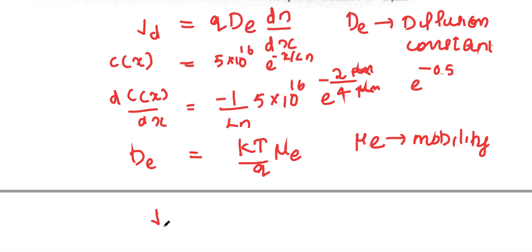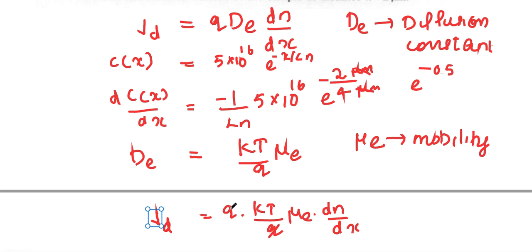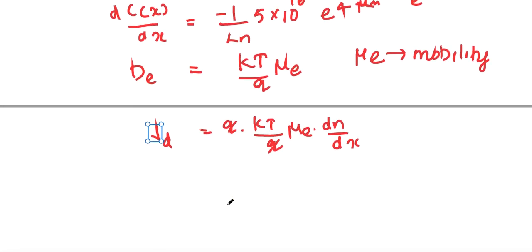So when you substitute this in the equation for J_D, we get q into kT by q mu_e into dN by dx. So the q's will get cancelled and we will be left with k into T into mu_e. Instead of dN by dx, we have dC of x by dx.